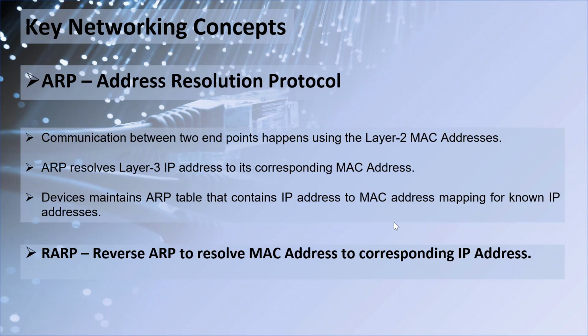Then the host will come to know the physical address of that destination, update the ARP table and send the traffic to the destination. And then we have the reverse of ARP, called RARP, reverse ARP, which resolves the MAC address to its corresponding IP address.